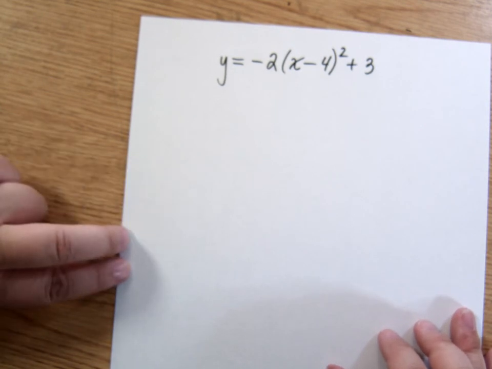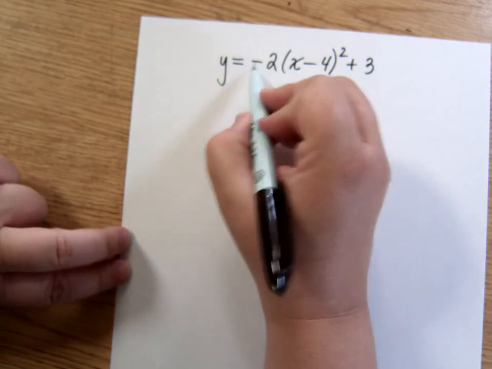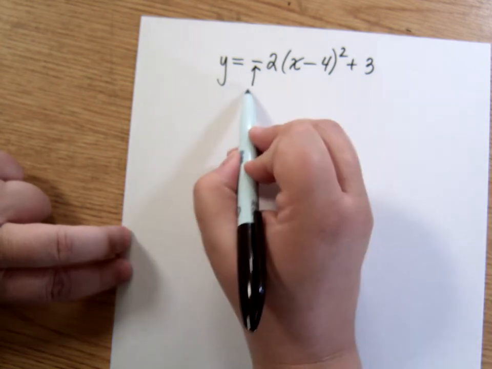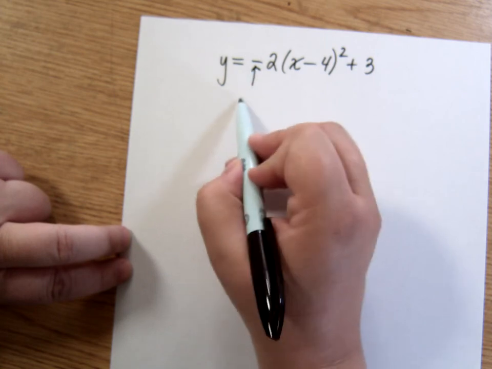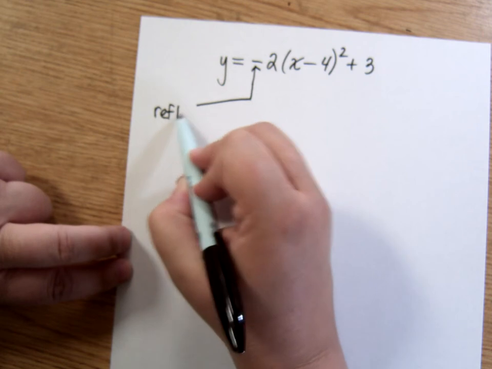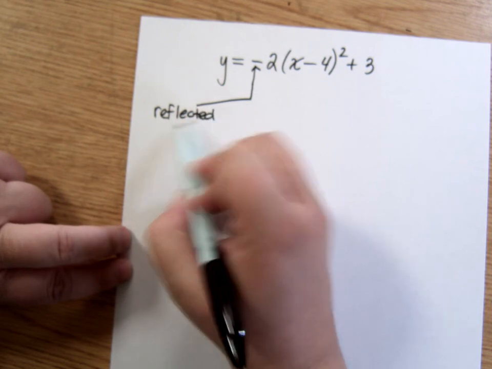Basically, here's how it works. A plus or a minus, we don't actually see a plus, an invisible plus sign or a minus, tells us whether or not there's a reflection. If there's a negative, that means the whole thing has been reflected across the x-axis.